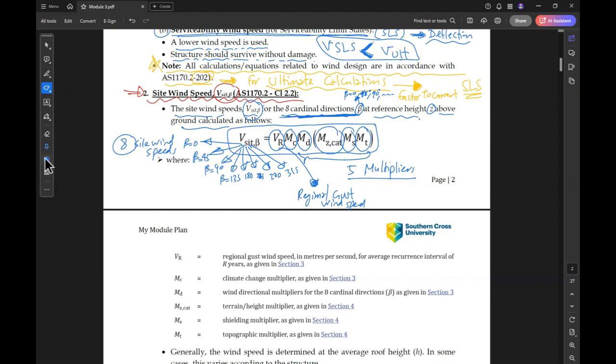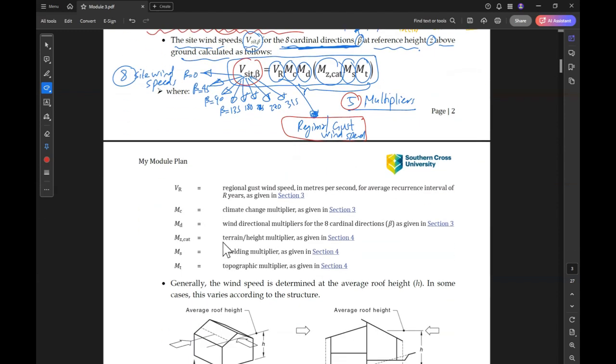So the site wind speed, V site beta, equals the regional gust wind speed times these 5 multipliers. We will talk about them now. VR is the regional gust wind speed in meters per second for average recurrence interval of R years, as given in section 3 of the standard.